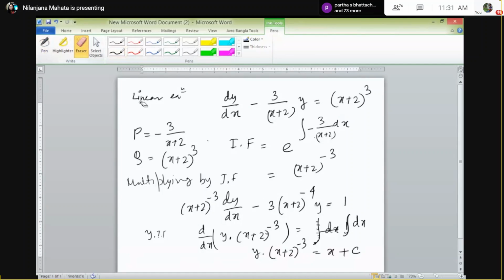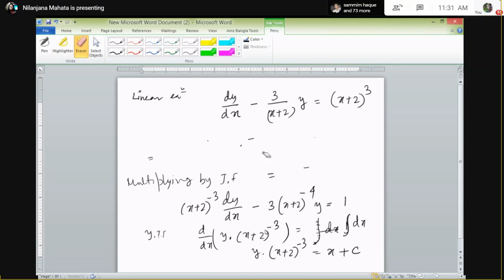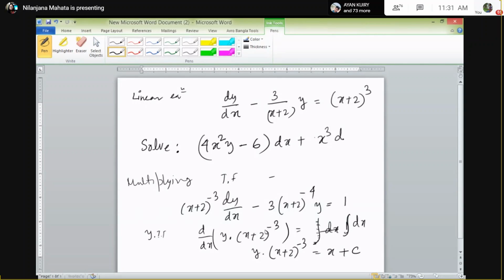Suppose, solve 4x square y minus 6 dx plus x cube dy is equal to 0.